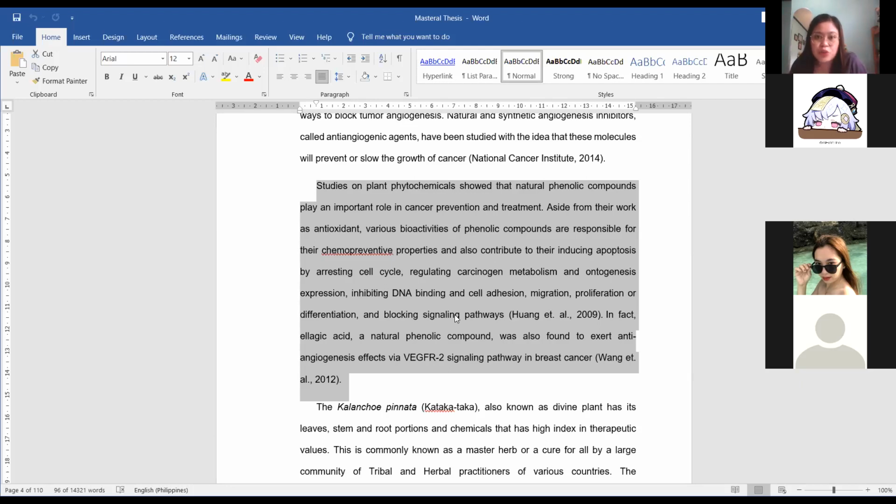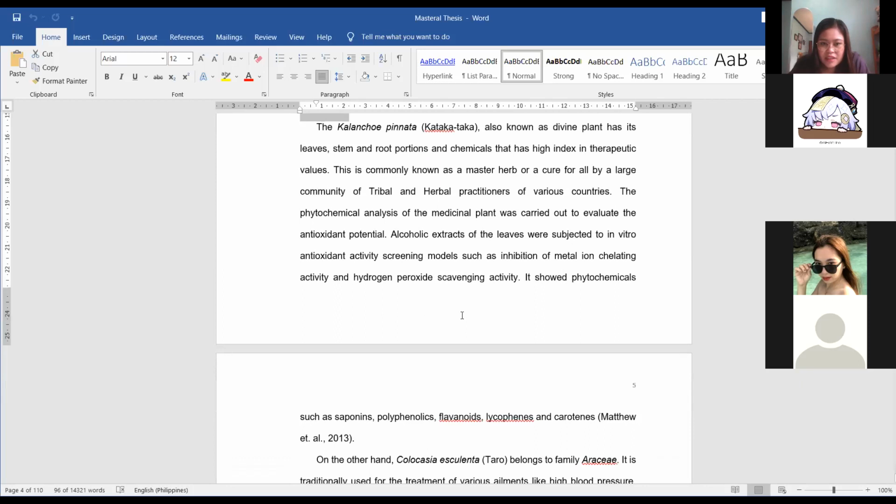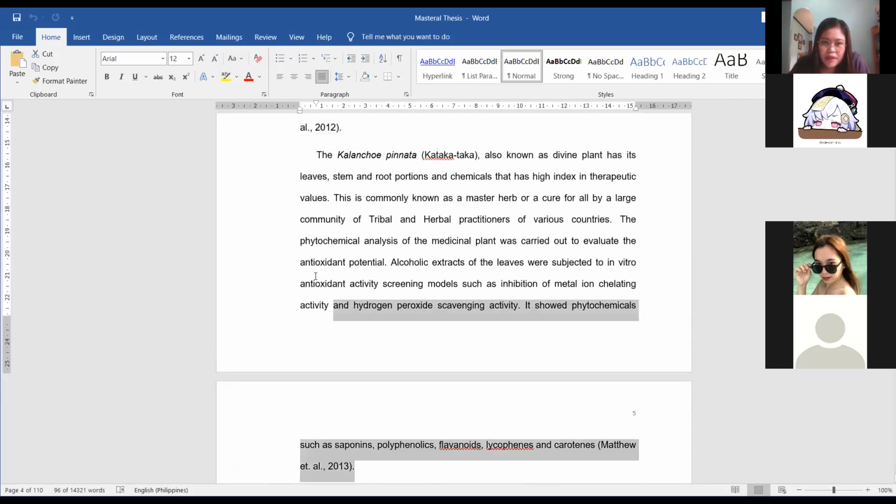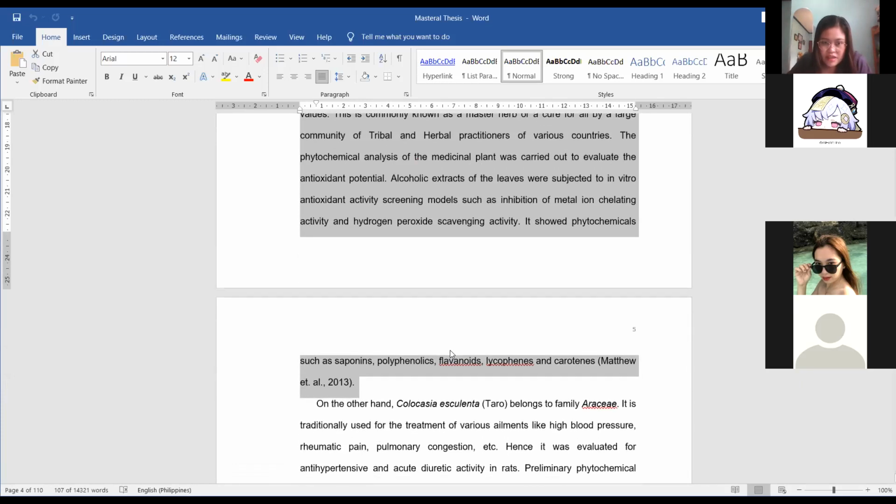So i-introduce na ko ang possibility of having plant materials for cancer prevention and treatment. And then after the possibility, that's where I introduced my plant materials. Take note, humaba ito kasi dalawang plant materials ang tinest ko.